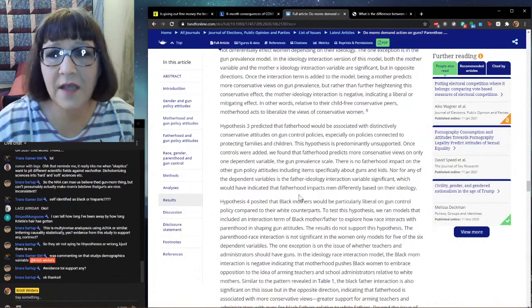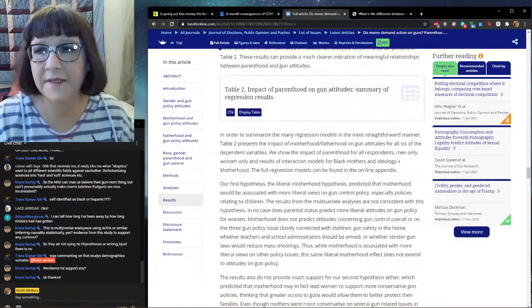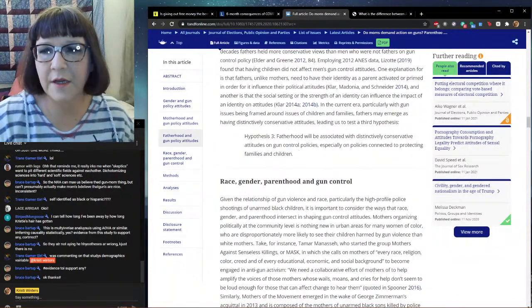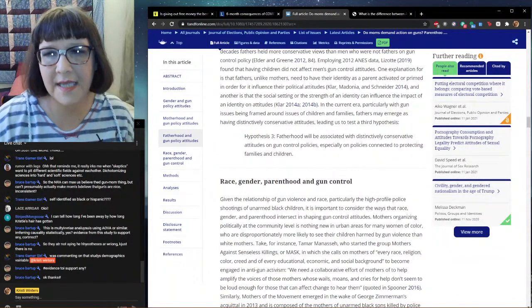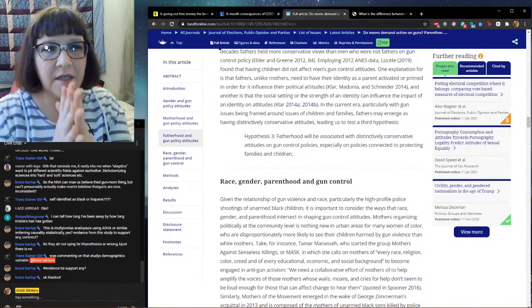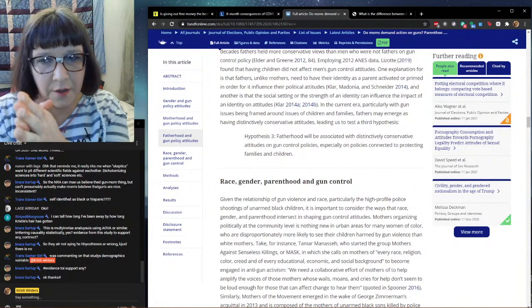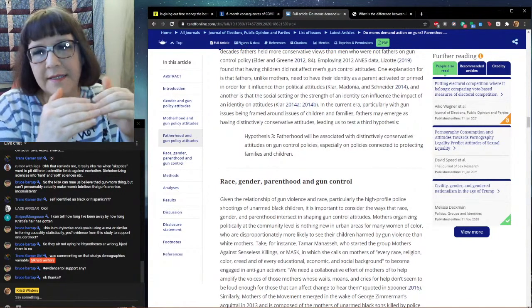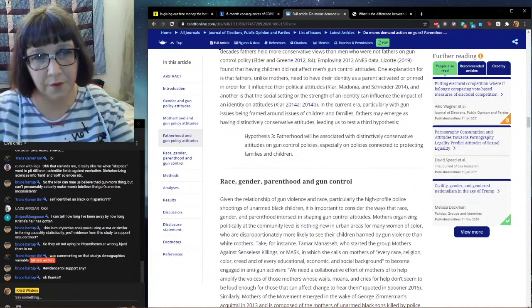And so in this case, when they say our hypothesis predicts that these specific measures, like here, fatherhood will be associated with distinctly conservative attitudes, what they're saying is the coefficient for this particular result needs to be on, let's say it's from conservative to liberal.